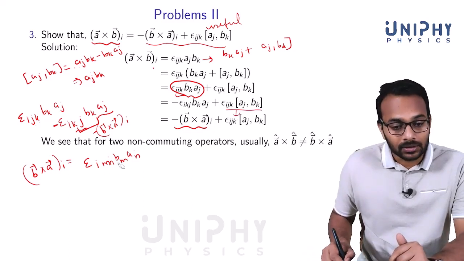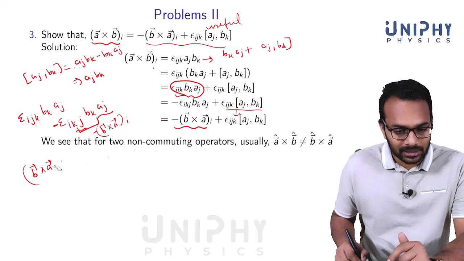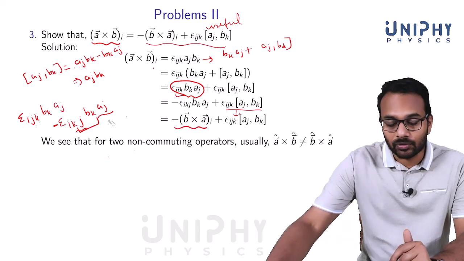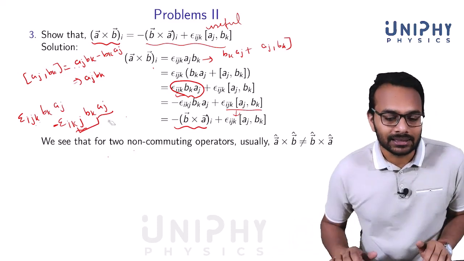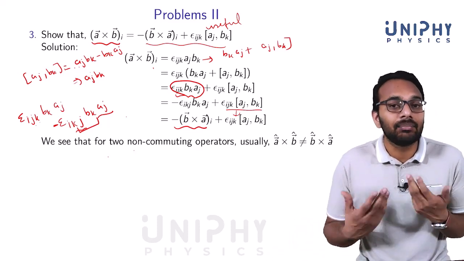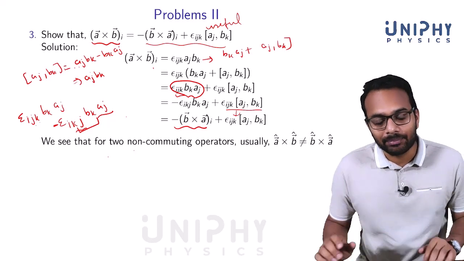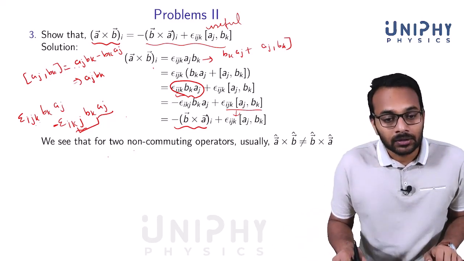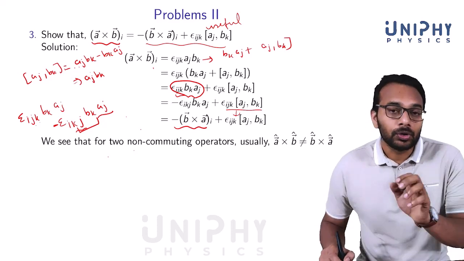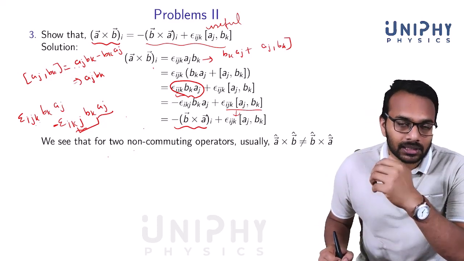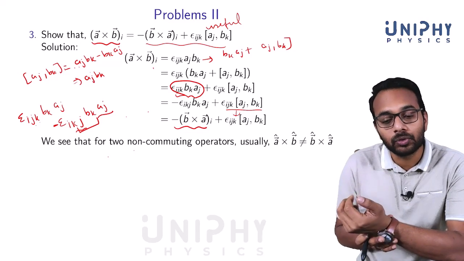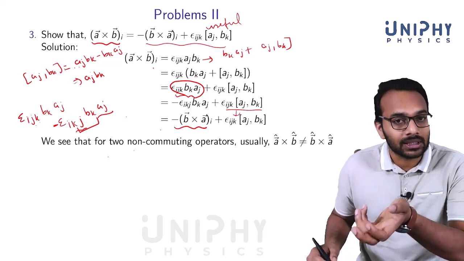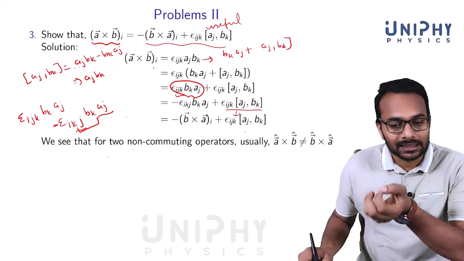So you will have this temptation. People often make these mistakes, especially in problems involving angular momentum commutation relations. They completely miss one term. So I don't want you to commit this mistake. Just remember: if you are talking about a cross product of two non-commuting vector operators, then A cross B is not equal to minus B cross A. There's an extra term here.